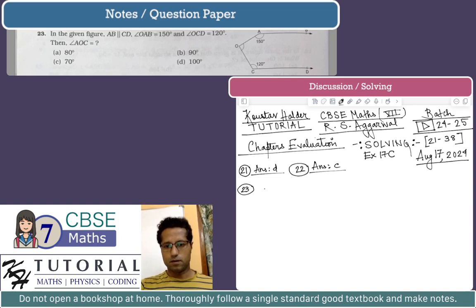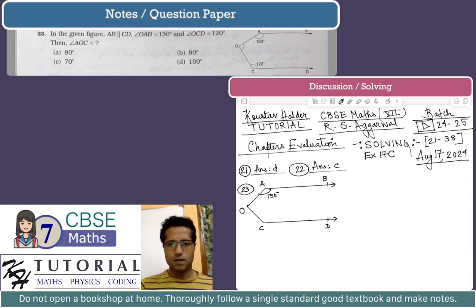So we have AB and we have CD, and there is a point O, and OA is connected, and CO is also connected, and the angle OAB is given to be 150 degree, and angle OCD is given to be 120 degree. Now we are asked to find angle AOC, this angle.